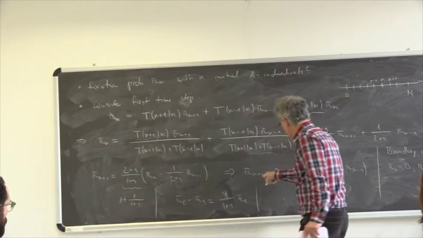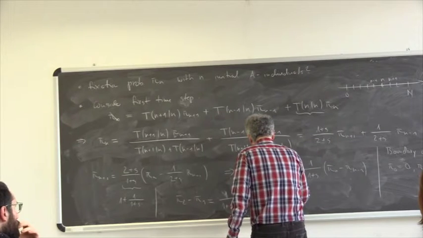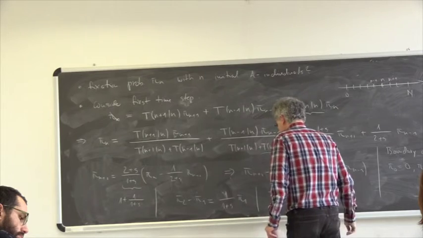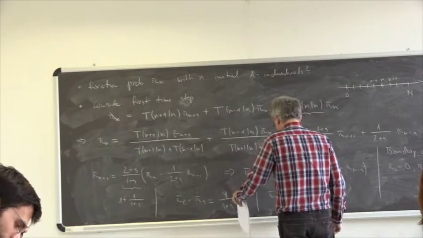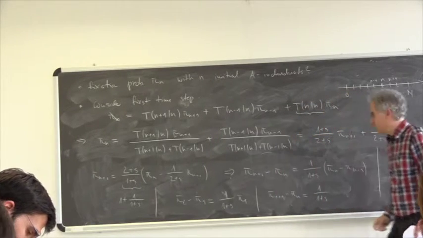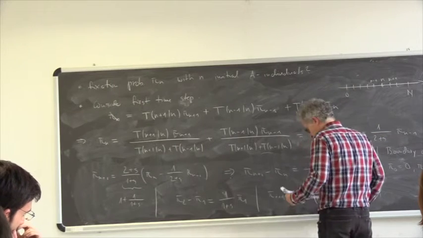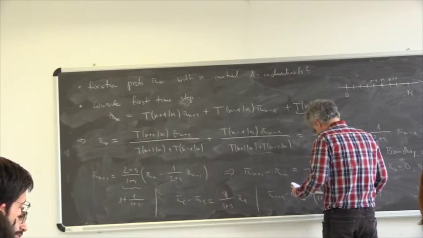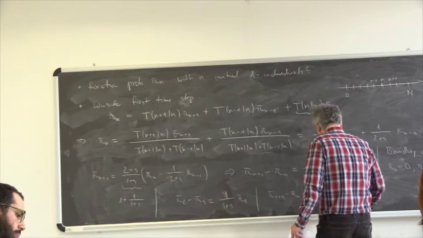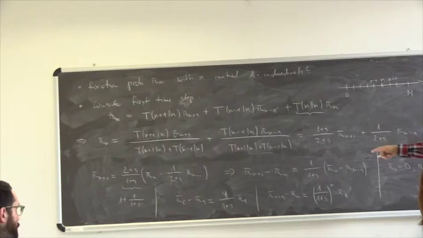And from there on, we can just iterate this, right? And then we see that pi n plus 1 minus pi n is equal to 1 over 1 plus s. So every time I iterate this, I get another factor of 1 over 1 plus s. So I get 1 over 1 plus s to the power n times pi 1, right? So this is true for n equal to 1, right?